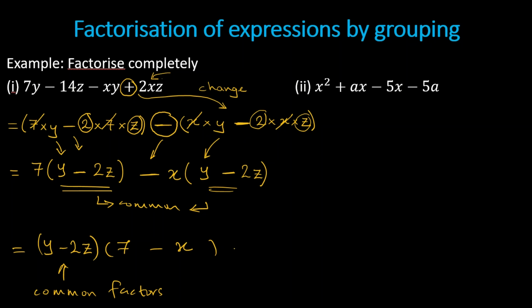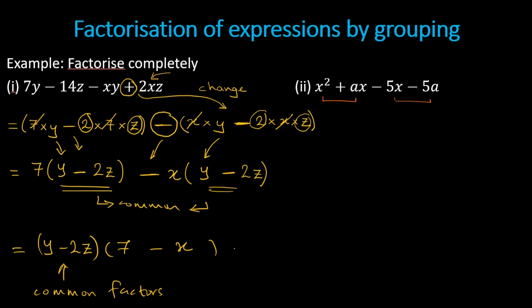Now let us see the second example. We have x squared plus ax minus 5x minus 5a. The first step is to write down in expanded form.